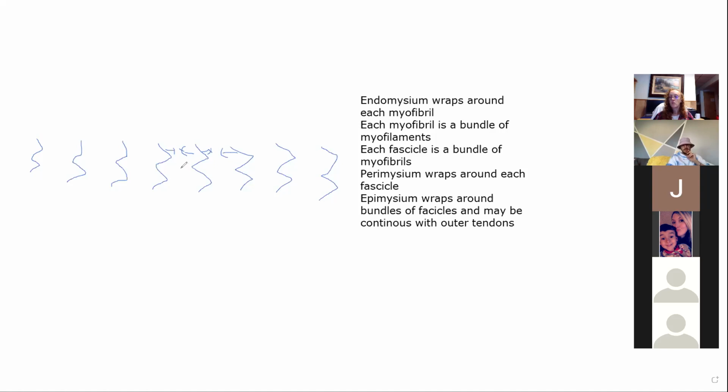So the reason the muscle actually contracts and shortens in length is because each individual sarcomere within that muscle fiber is shortening in length, and they're attached to one another. So in sum, the muscle contraction or the shortening of the muscle is a result of all of the individual sarcomeres that are attached end to end shortening at the same time.